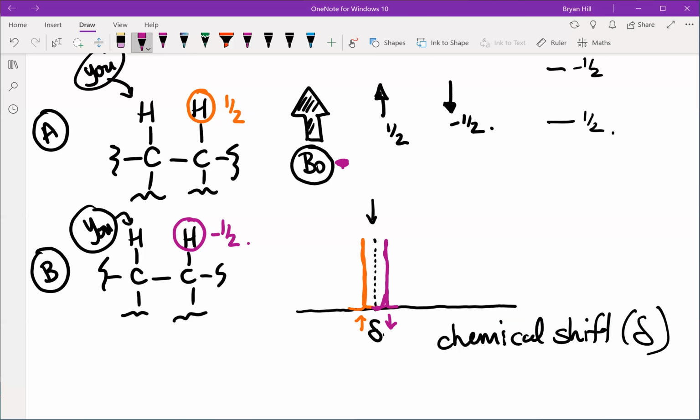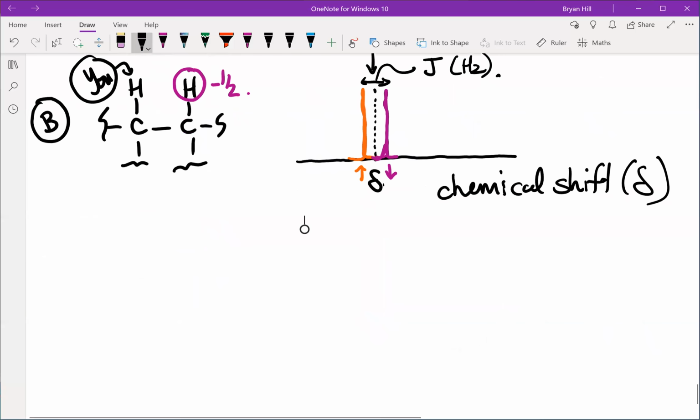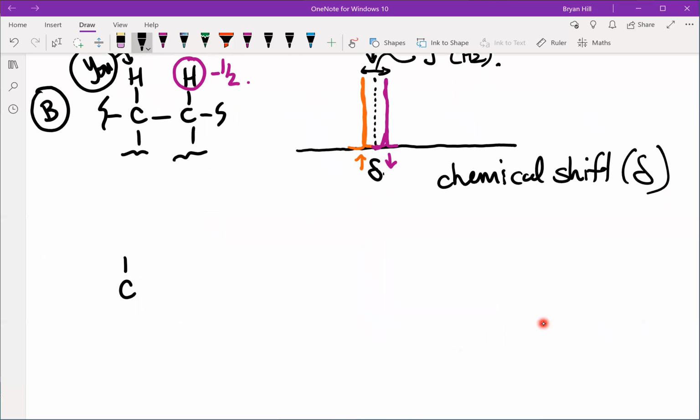So the difference between these two peaks here is the J value, and it's measured in hertz. In this reality where you're this proton and you've got one neighbor, there are two possible scenarios: the spin up and the spin down. If you are this proton again, and you've got two neighbors, let's pretend that there's free rotation around this bond, so both of these protons are equivalent.